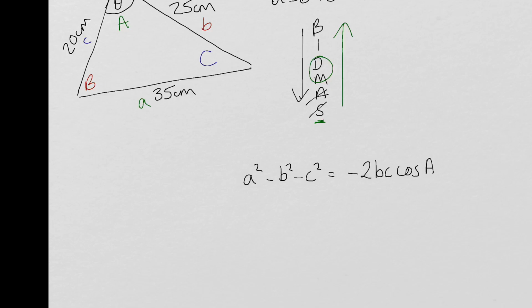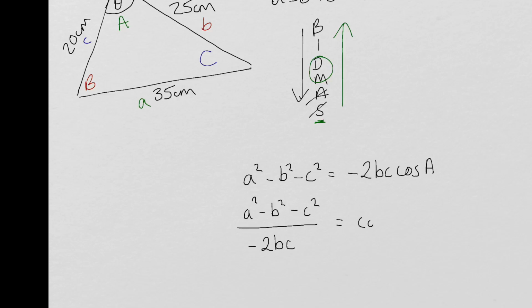So again, what am I going to do here? Well, on both sides, I'm going to divide by this minus 2BC. So I will get the following: A squared minus B squared minus C squared, all divided by minus 2BC.